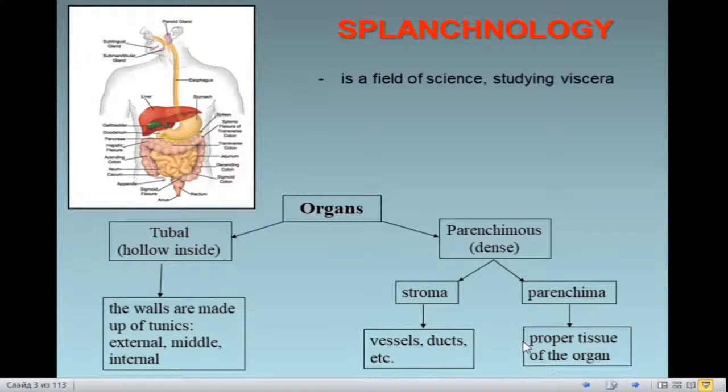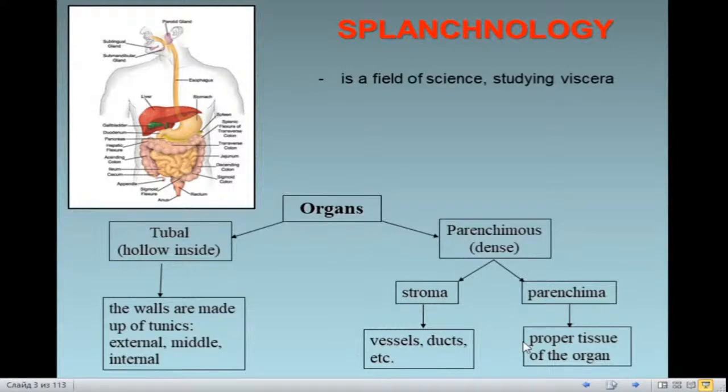This intermediate layer between mucous and muscular is called tela submucosa, or submucous layer. So you can remember that for the exam: if the organ is stretchable much, it should have a submucous layer for sure.